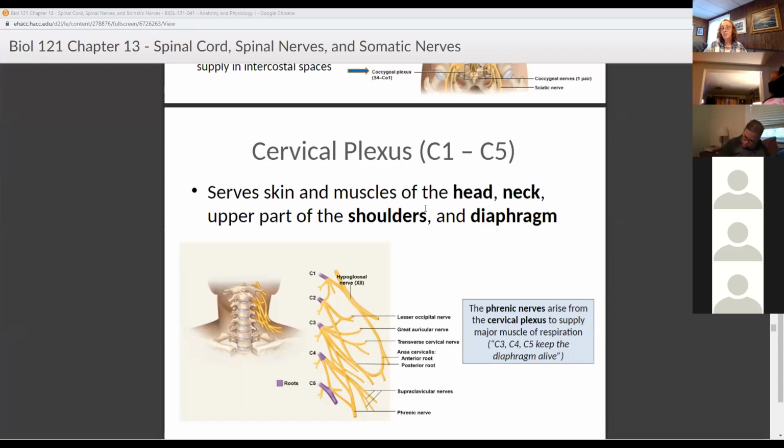A break between C1 and C2, or right below C2, is going to result in the loss of the innervation of the phrenic nerve.